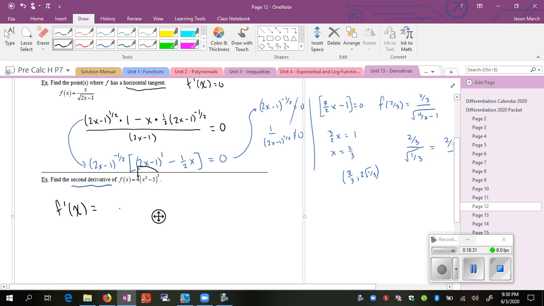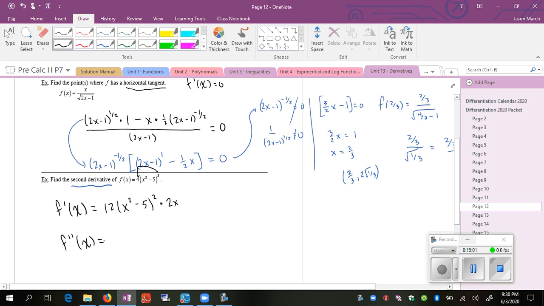So I could just do the power rule. So 4 times 3 is 12 times the parentheses now to the second power times derivative of what's inside the parentheses, which is 2x. To do the second derivative, though, which has this notation where you put 2 apostrophes there, we call that f double prime.